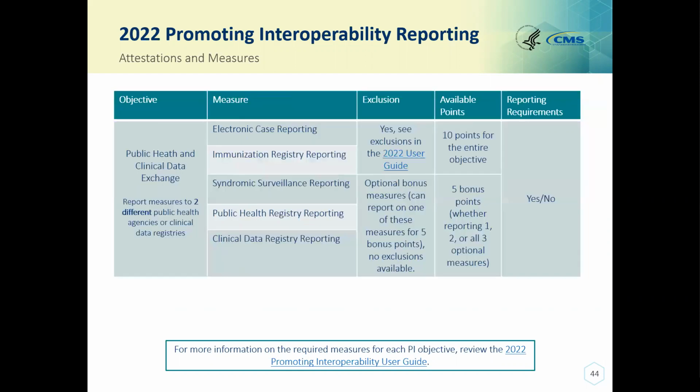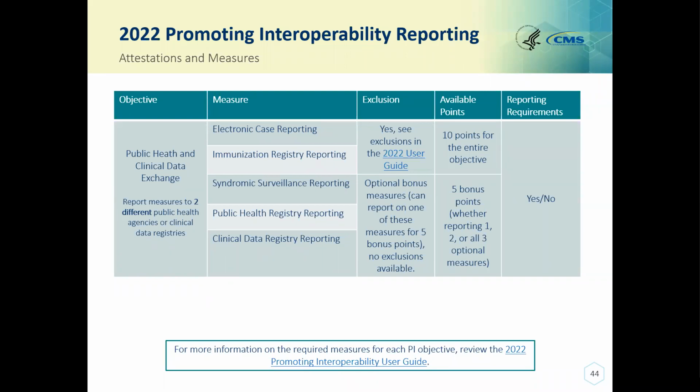Next slide, please. And here are the public health and clinical data exchange measures. As I mentioned, electronic case reporting and immunization registry reporting are required. And so you either have to submit a yes that you are in active engagement. And active engagement means there's 3 levels right now. The first level is you have registered with a registry.